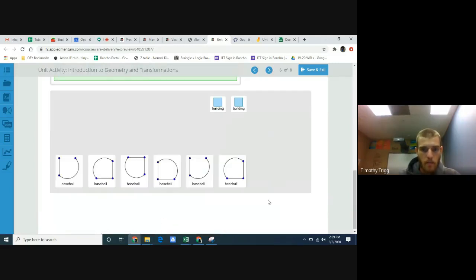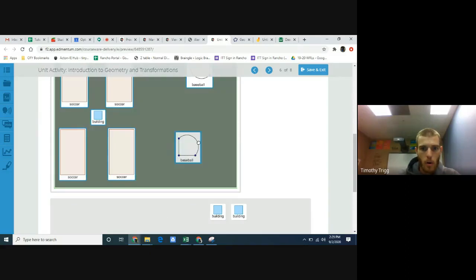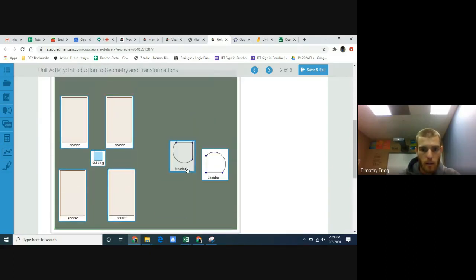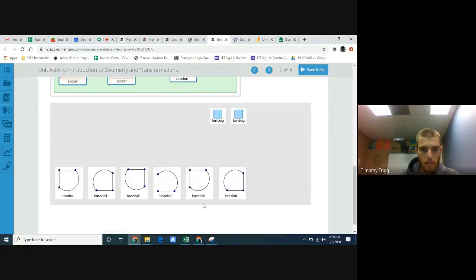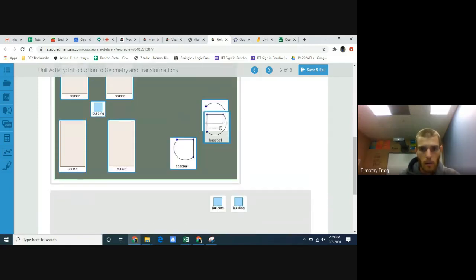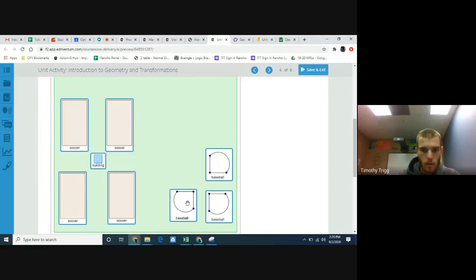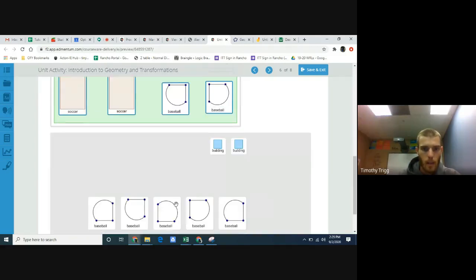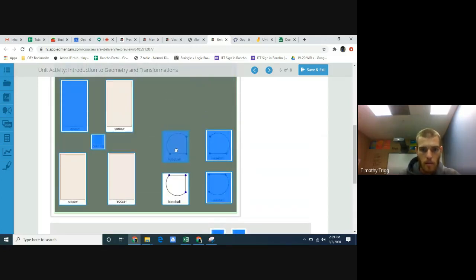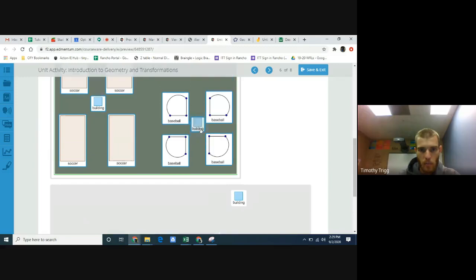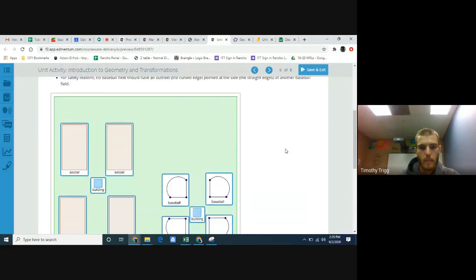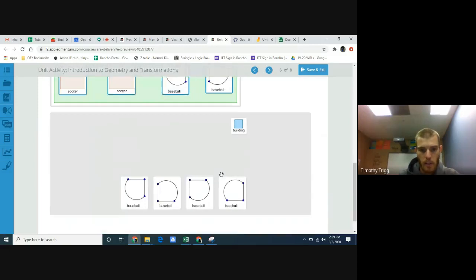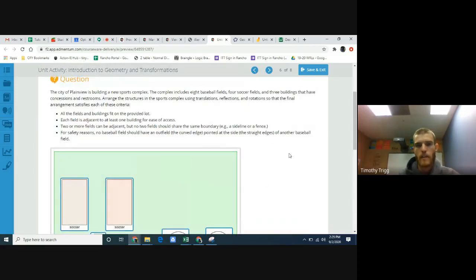Now for the baseball diamonds, I kind of want to put them all pointing towards each other. So one would go right here. And then one would go here. Similarly, all these need to be next to a building, so I'll put a building in the middle. Like that. Okay. And then do the other baseball diamonds in the same way with the building in the middle. Okay, so go ahead and finish. You can finish that up on your own.